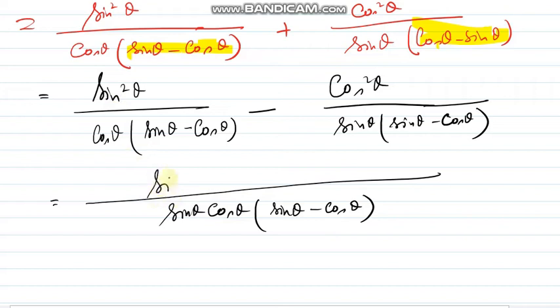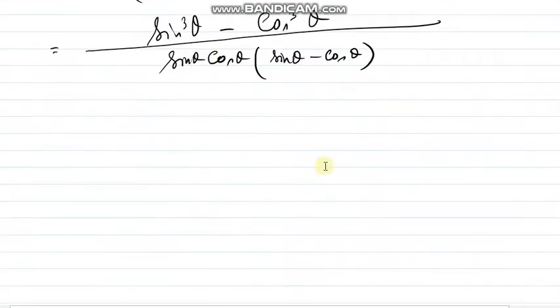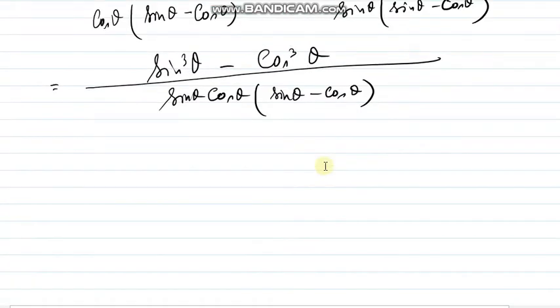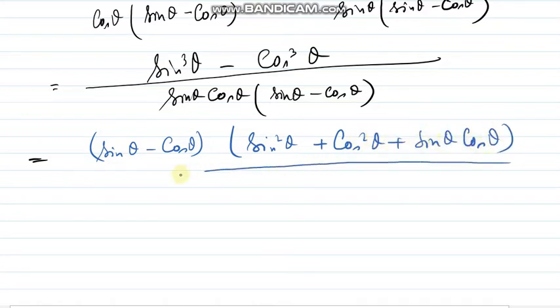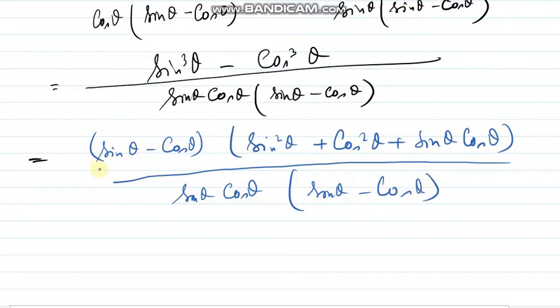Numerator will be sin cube theta minus cos cube theta. The a cube minus b cube formula, I guess all of you know by now, that is a minus b, a square plus b square plus ab. The factorization formula I am going to use because I can cancel out this term. Divided by sin theta cos theta into sin theta minus cos theta. This will be cancelled out.